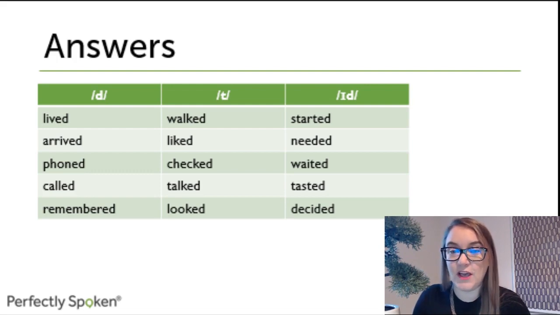Well, hopefully you heard the D ending with lived, arrived, phoned, called, remembered. T: walked, liked, checked, talked, looked, and id: started, needed, waited, tasted, decided.